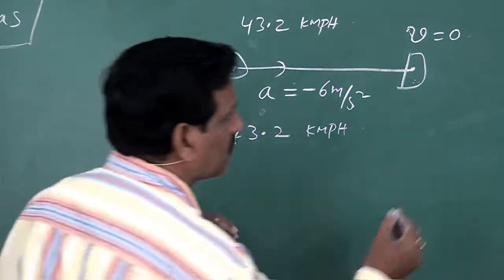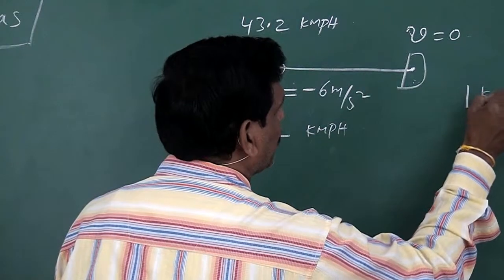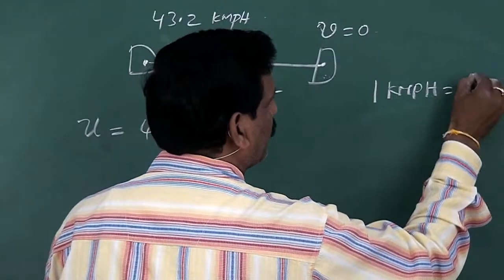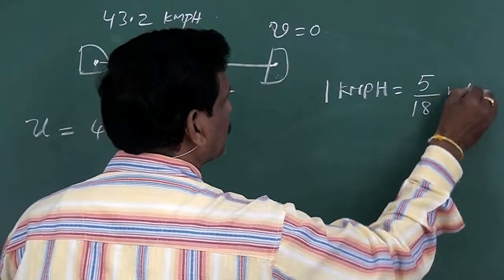For this you have the conversion factor: 1 kmph, kilometer per hour, is equal to 5/18 meter per second.